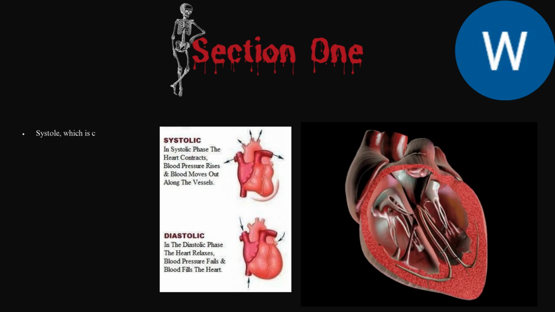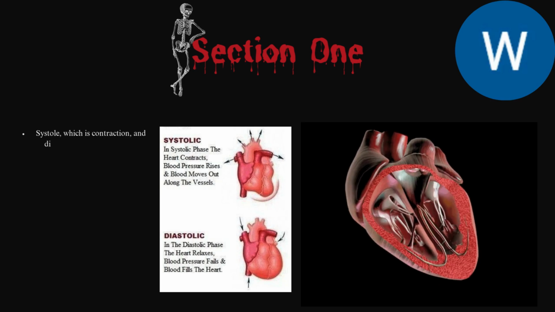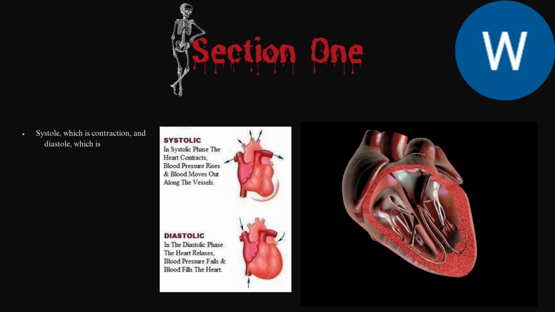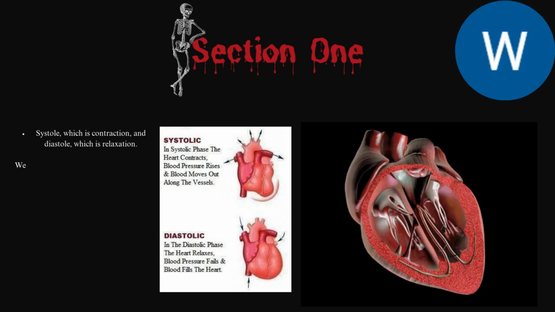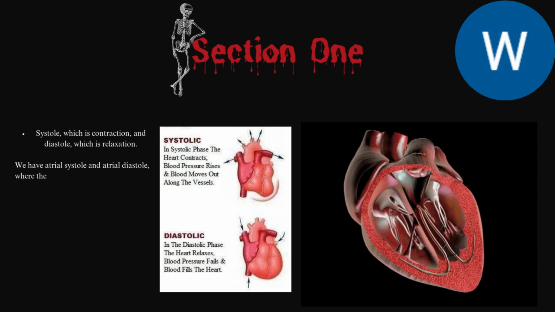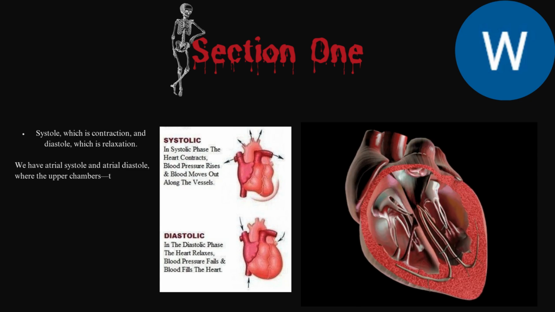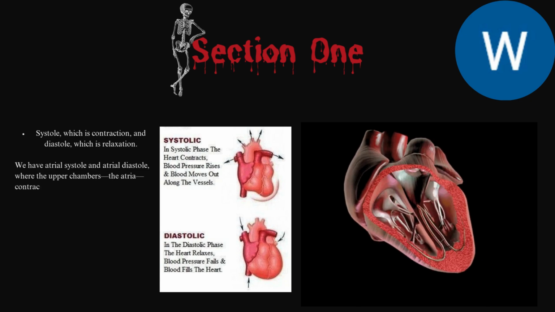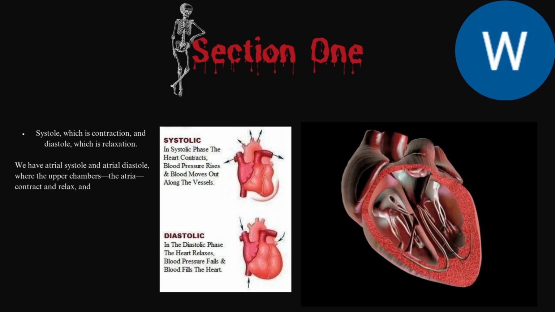Starting off with section one, we're going to start with the basics. So, what is the cardiac cycle? The cardiac cycle is the complete sequence of events in the heart from the start of one heartbeat to the beginning of the next. And this is made up of systole, which is the contraction, and diastole, which is relaxation.